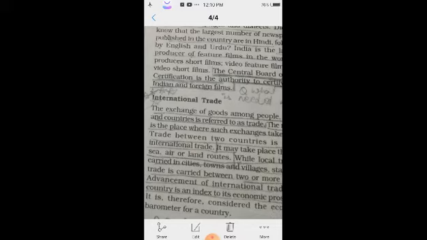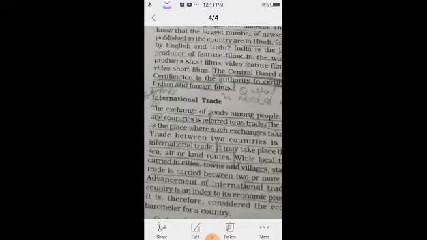The market is the place where such exchanges take place. Trade between two countries is called international trade. It may take place through the sea, air or land route. Means with the help of these three routes, sea, air and land, international trade takes place.